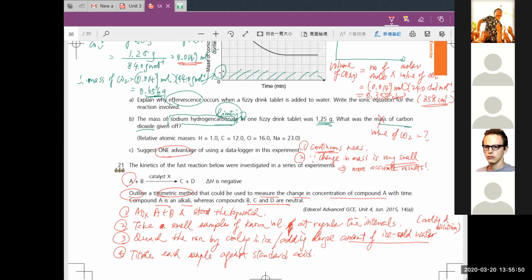Now it seems that some of you would like to have a further consolidation of the calculations of mole ratio, when you talk about the volume of gas. So could you please refer to chapter 38?